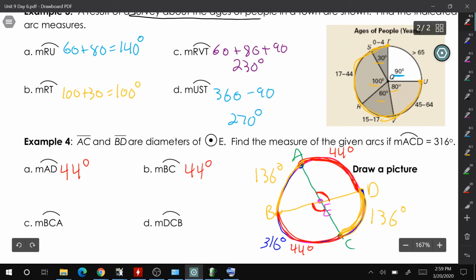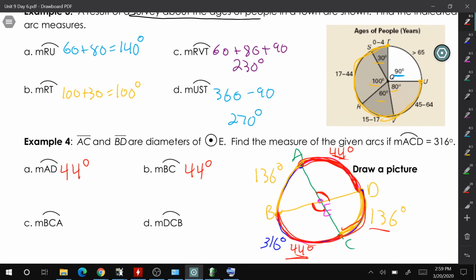Arc BCA, so BCA is going to be this 44 plus this 136 plus this 44, or you could do 360 minus what we haven't used, minus this 136 over here. It doesn't matter what you do.